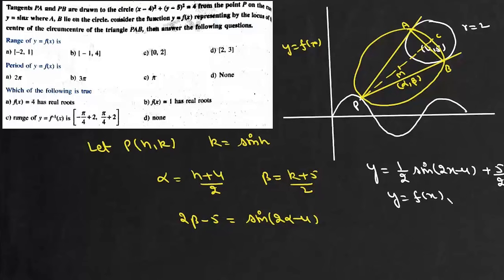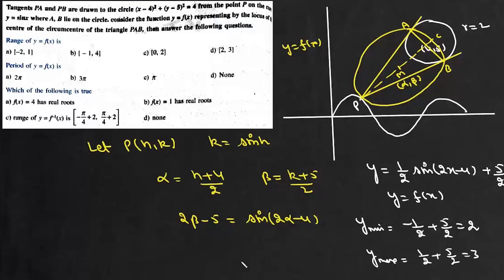Now this first question is, find the range of fx. Now we know that the minimum value of sin theta is minus 1. So the minimum value of y will be minus 1 by 2 plus 5 by 2, which is 2, and the maximum value of y will be 1 by 2 plus 5 by 2, 3.